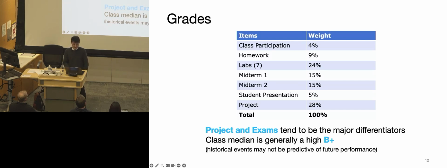Then 2 midterms, a student presentation, which we'll talk about in a bit, and the final project, which is a big chunk of the grade. The things that determined final grades in past years were mainly the project and the exams. Generally the class median would be a B+, or an A- if you are really great.